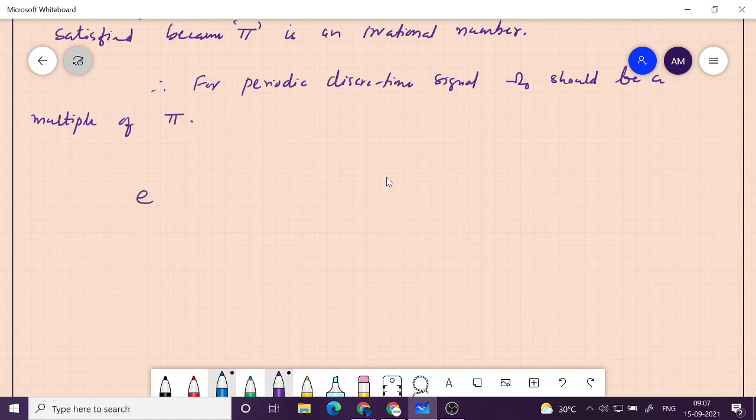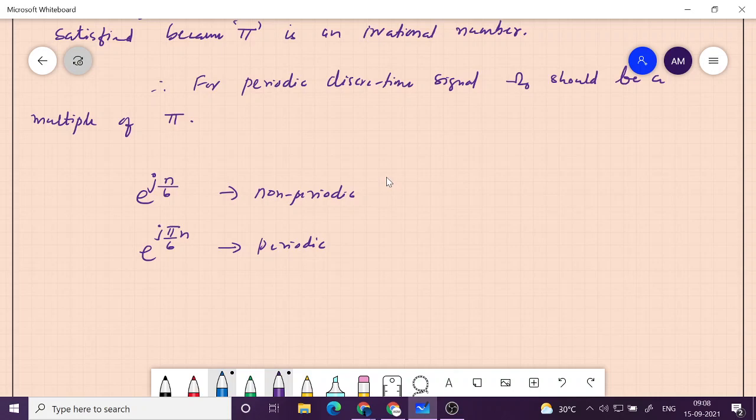So let's now look at some examples of this kind. e raised to j n by 6 is non-periodic, whereas e raised to j pi by 6 n is periodic. Why?